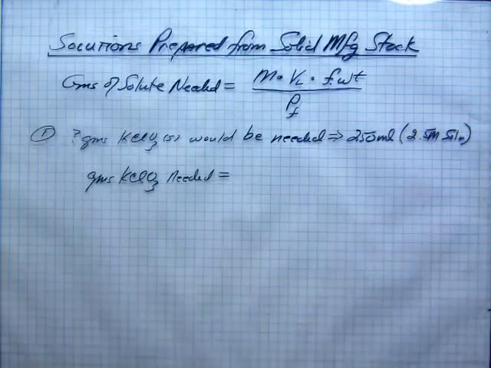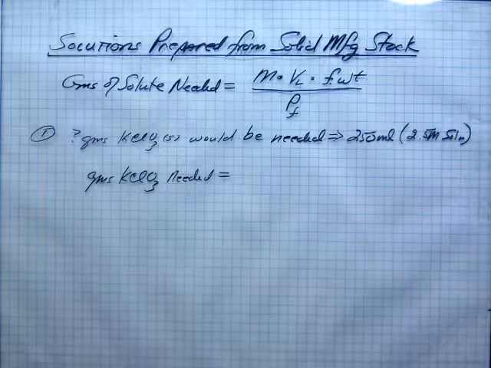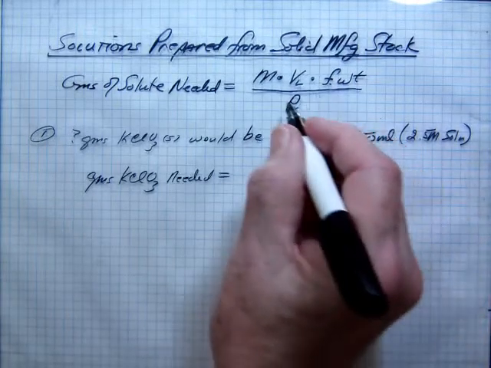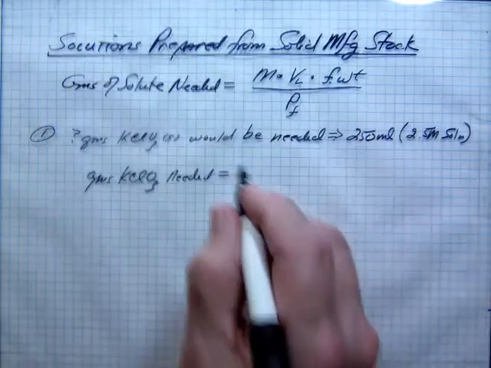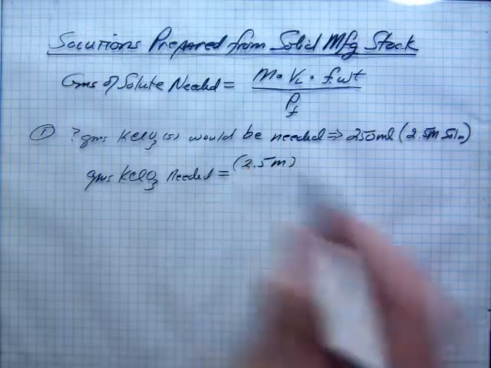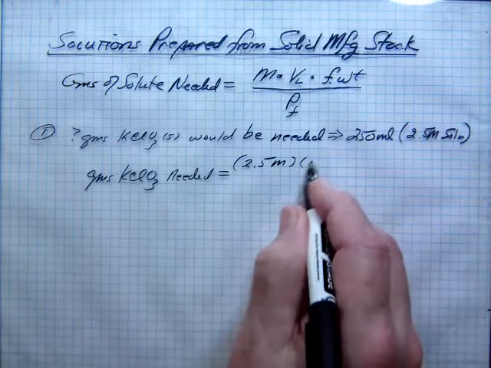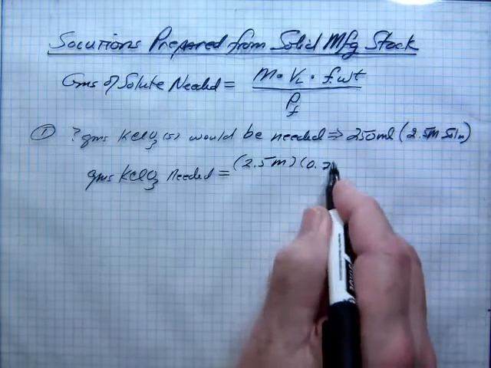We're given the formula weight in the problem, I believe, 122.56. And the purity factor is 1. So molarity is 2.5 molar, is what we need. Volume that we will need is 250 mils, and that has to be in liters.